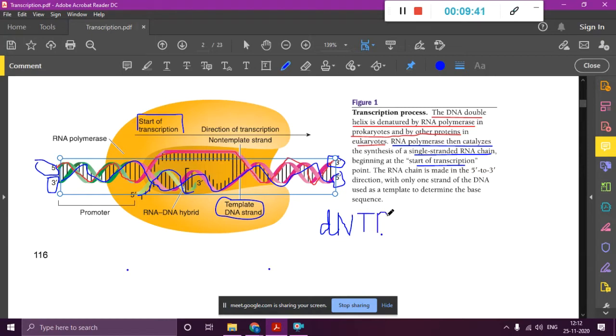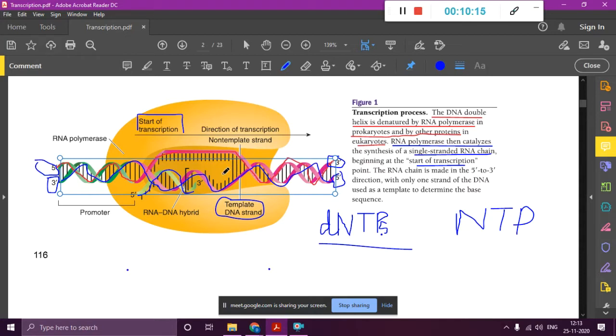Over here you have NTPs coming and sitting. You have nucleotide triphosphates coming and sitting on this place. So this is the basic difference which you can find over here.